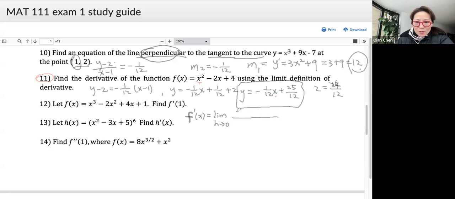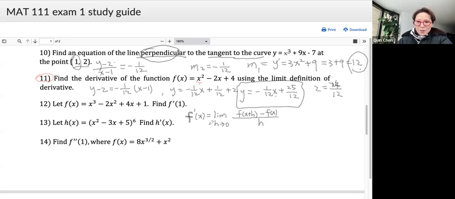of the fraction f of x plus h minus f of x, divided by h, right?